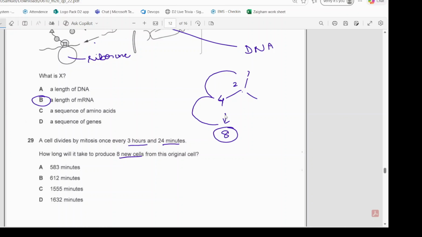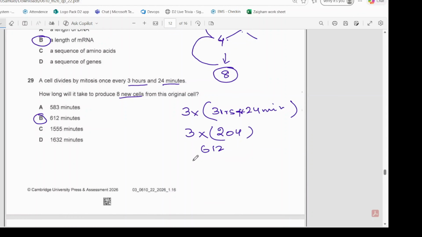So you multiply 3 with 3 hours and 24 minutes. Let's convert it. 3 hours means 180 minutes, plus 24 is 204 minutes. Converting into minutes, 3 times 204 would be 612. So these are the number of cycles, 3. Next one.